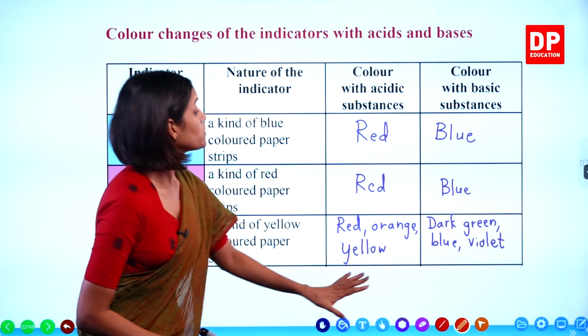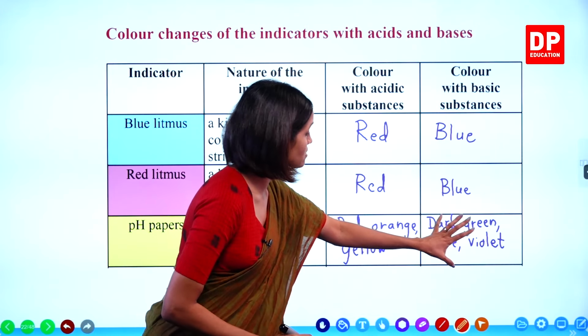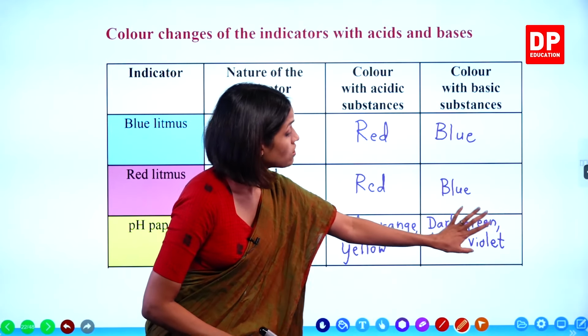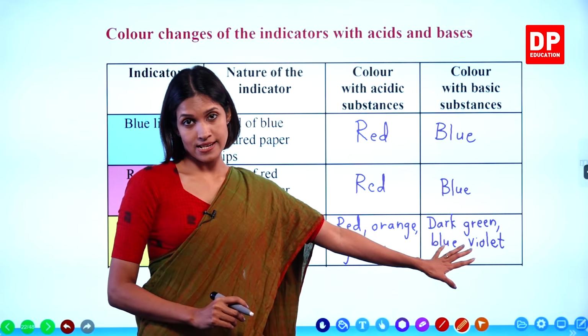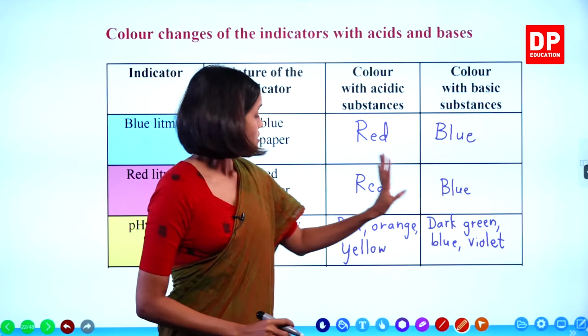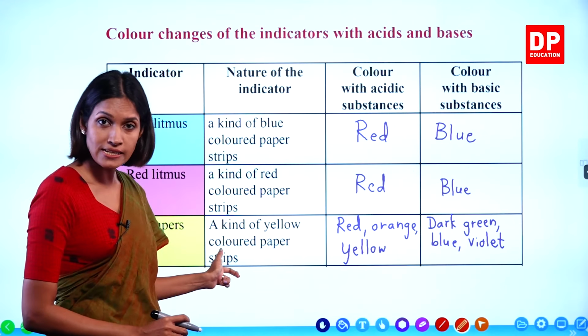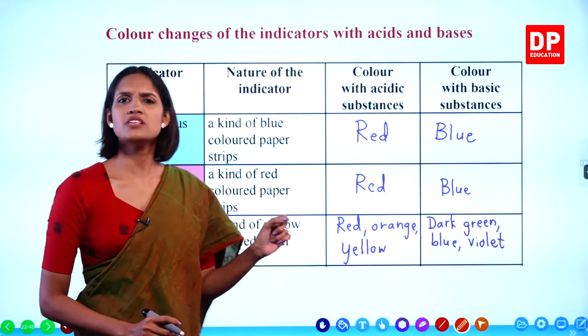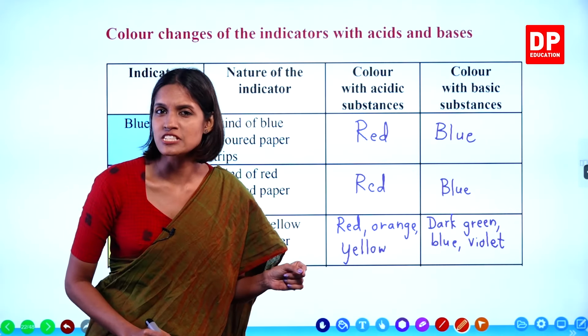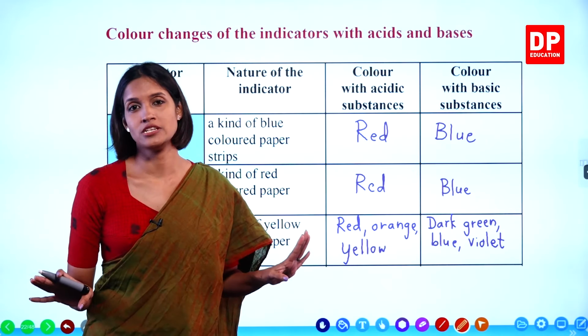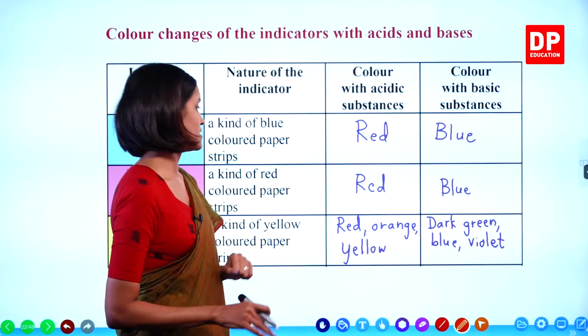Okay, so with weak bases it gives dark green color, and with strong bases it turns violet color. Okay children, so pH papers are yellow in color. What will happen if we put a piece of pH paper into neutral substances? Will it change color? No, it does not. Right? We'll move to the next.